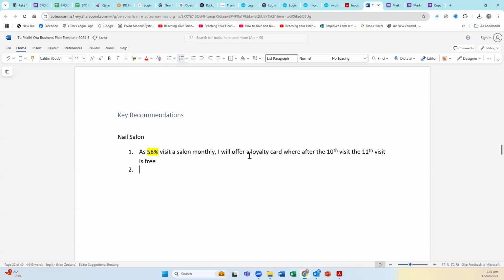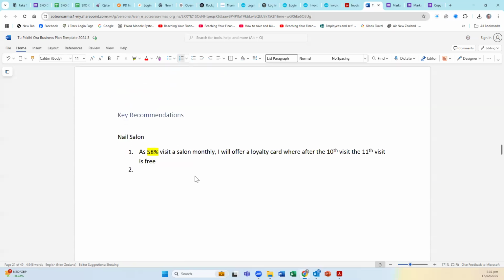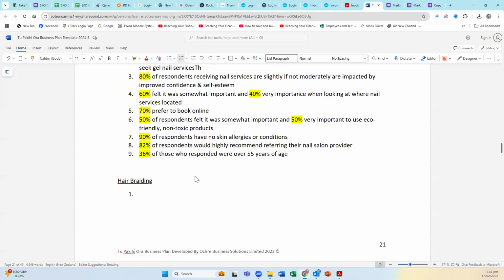And then number 2, I'll be looking at what else could I look at recommending? Okay, so manicures, pedicures, gel nail services. Let's go back here.